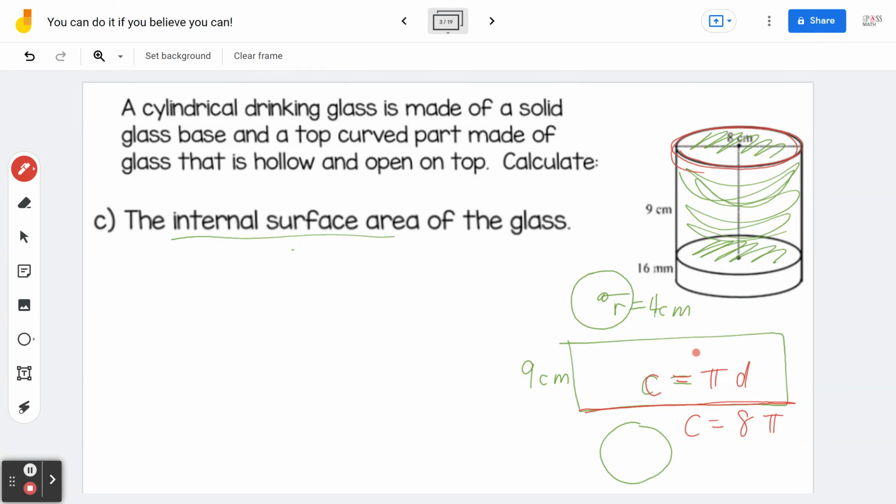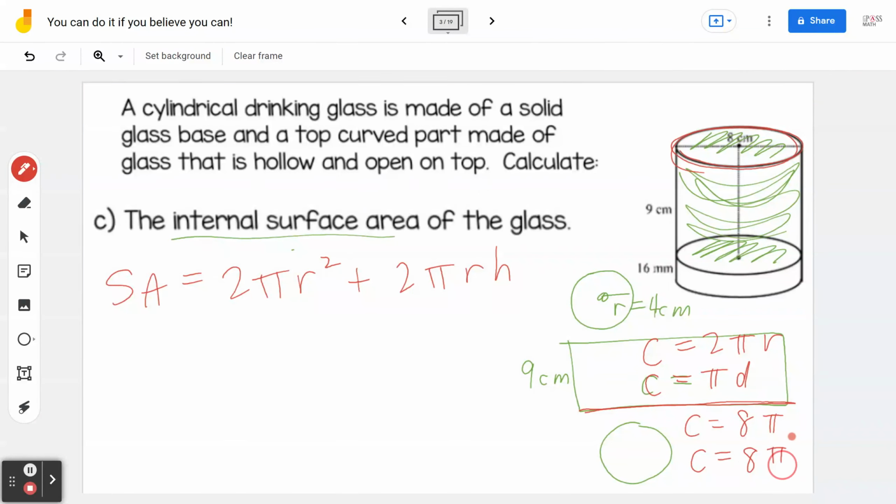Surface area equals 2 pi r squared plus 2 pi r h. I could also write pi times diameter as 2 times pi times r, and when you work it out, it's still going to be 8 pi.